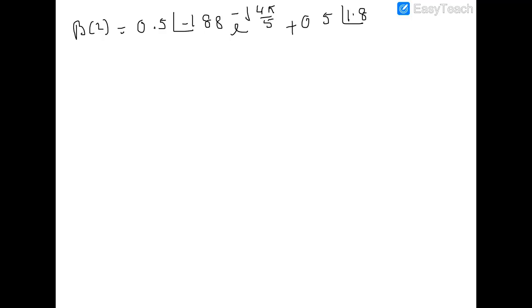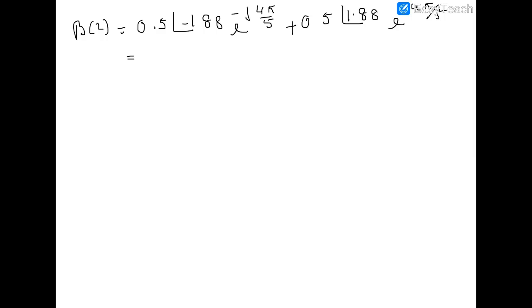Similarly, we have B2, that is H of 2. H of 2 is 0.5 minus 1.88 e to the power minus j 4 pi by 5 plus, and it is M minus k, 5 minus 2, so that is H of 3, that is 0.5 minus 1.88 e to the power plus j 4 pi by 5.